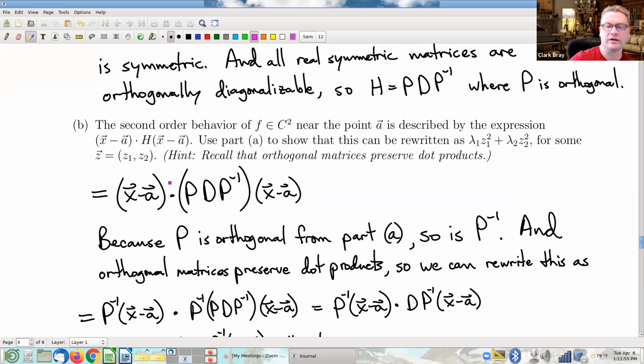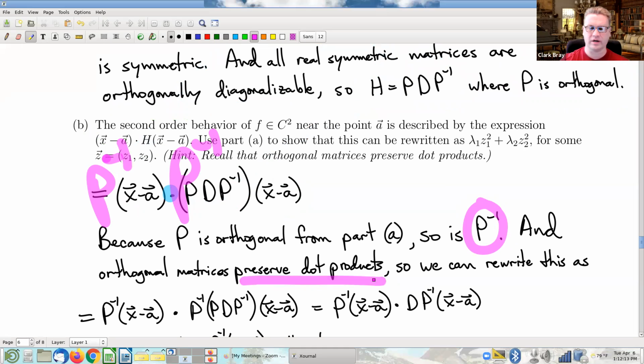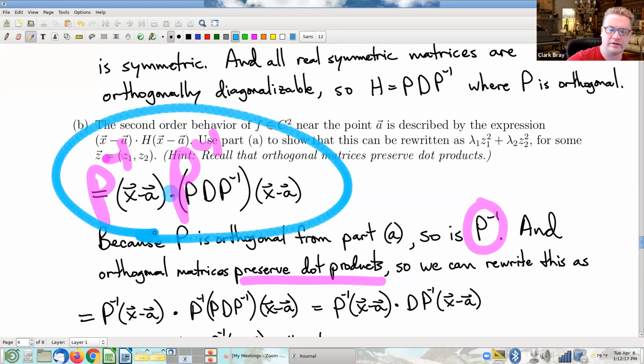Okay, so because dot products are preserved, in this dot product right here, I can multiply both sides of the dot by P inverse. P inverse preserves dot products, and that means that this dot product is the same as the original dot product.